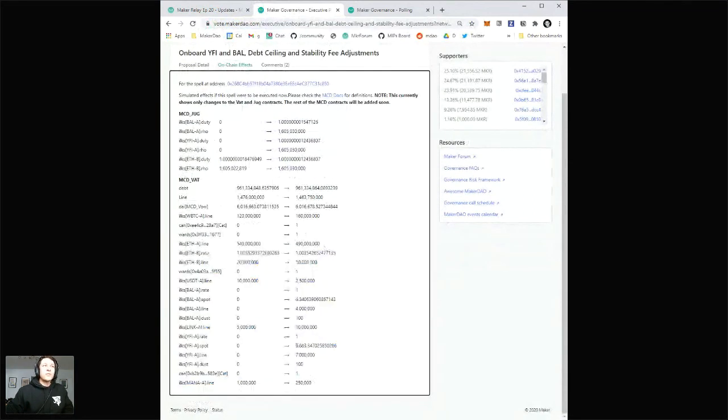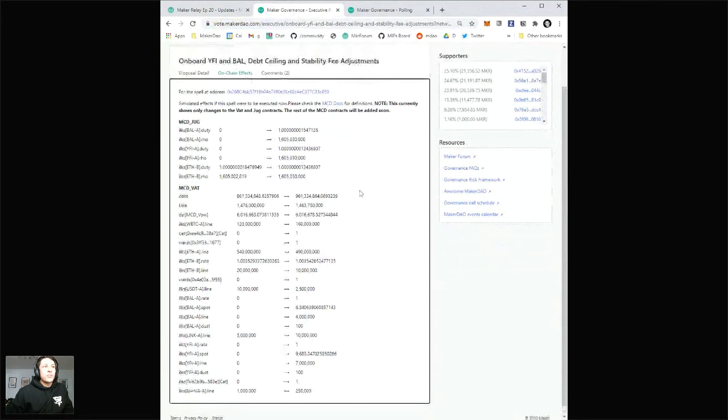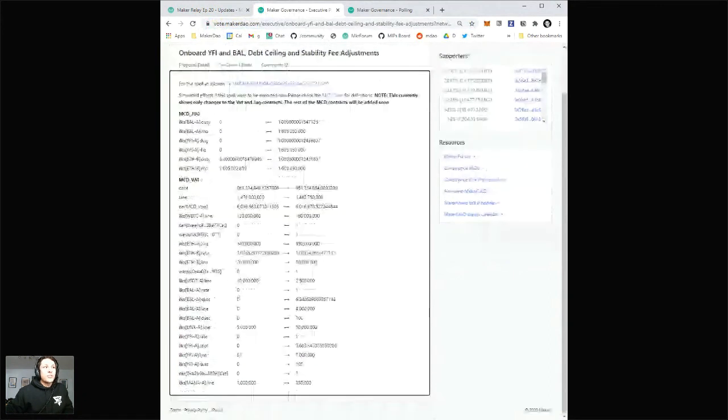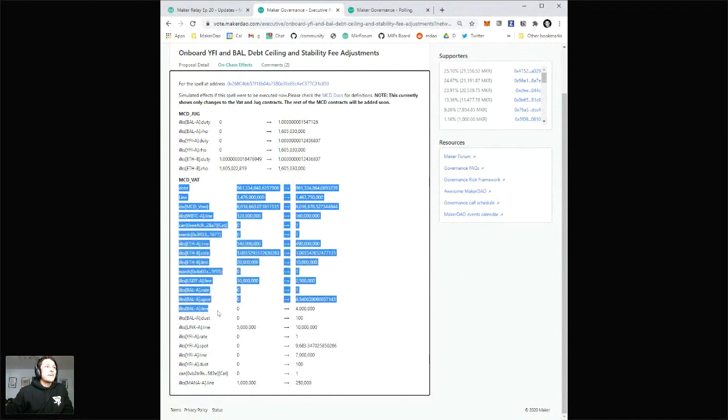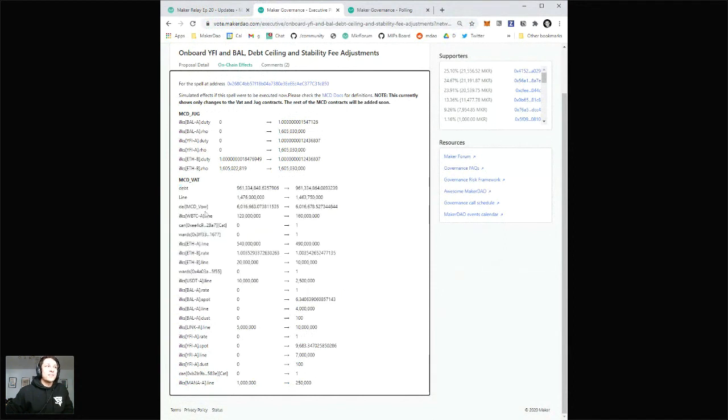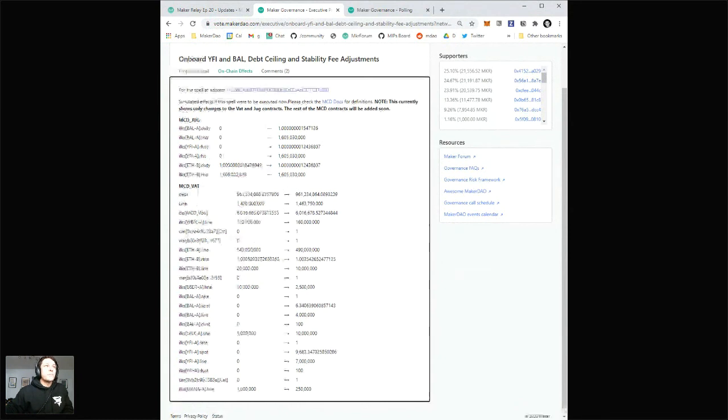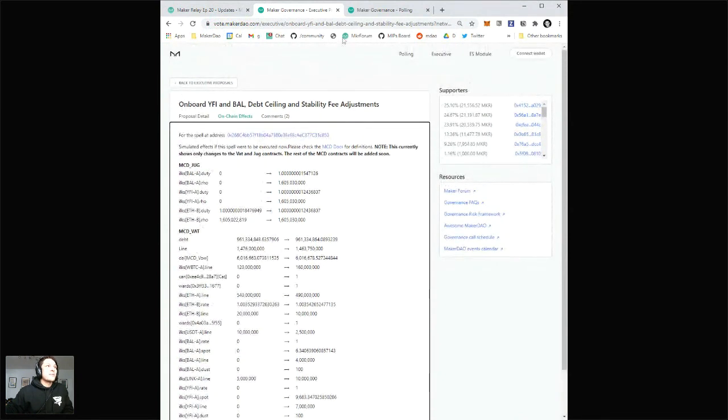So this is a really great accountability measure. It's really great in general. And I think they're going to be working on making this more readable. So if you don't know what an ilk is, or what a wad is, if you're confused with all this jargon, don't worry because this is going to become more readable over time. So yeah, stay tuned for that.